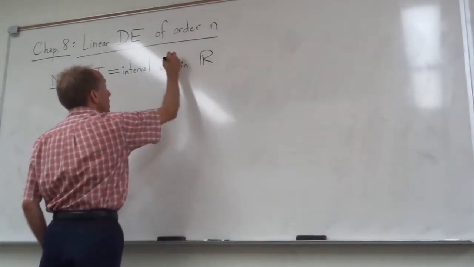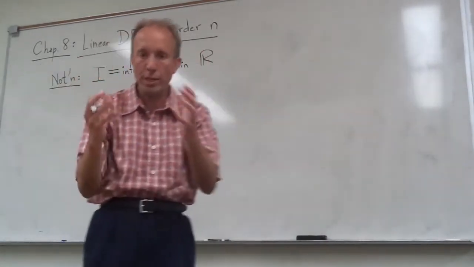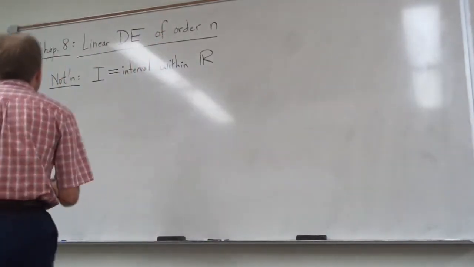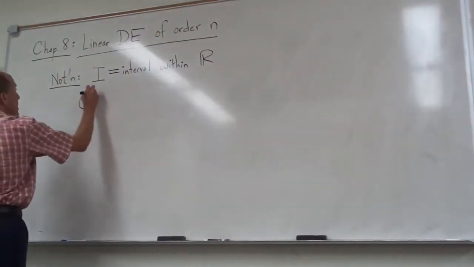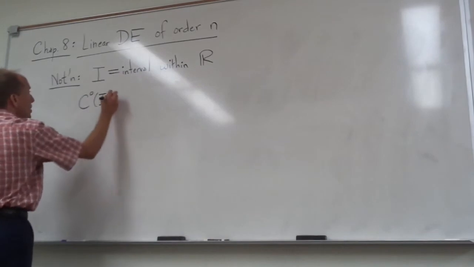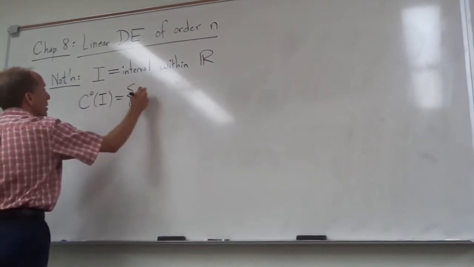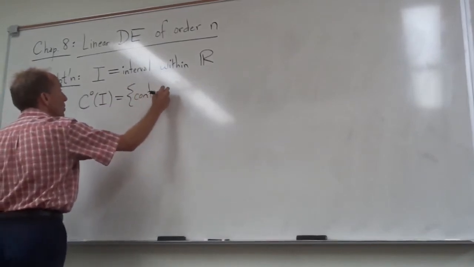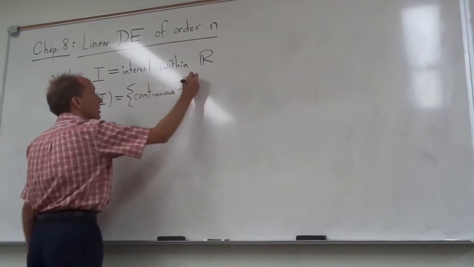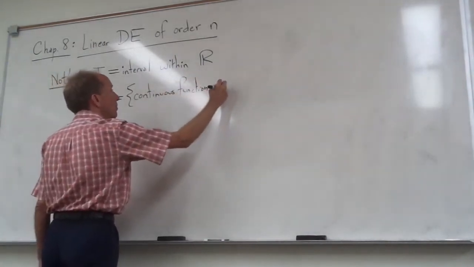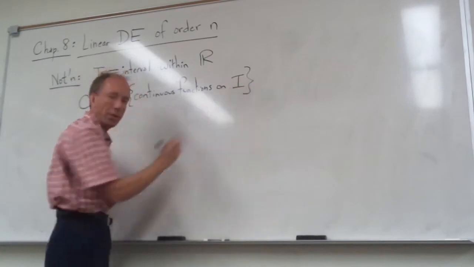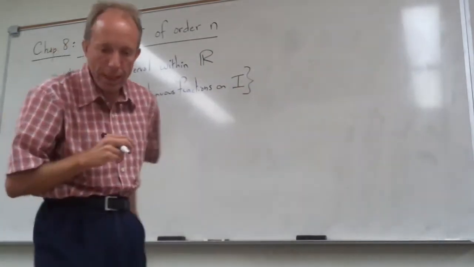It might actually be the whole real numbers, or it could be just an interval inside of that. Then we have C super 0 of I. This is going to be the set of continuous functions on I. Just think calculus functions if you want.